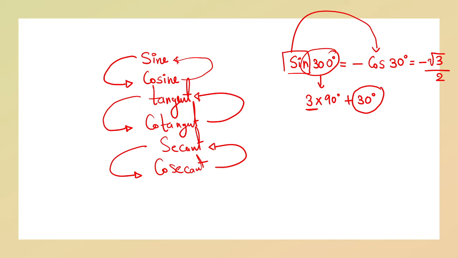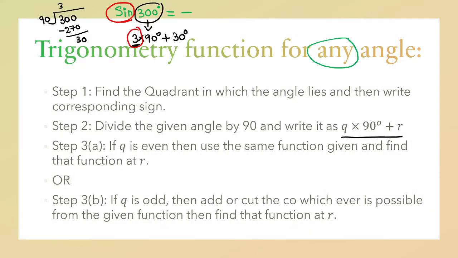Okay, so what are the steps? Please recollect the steps. First step is to find out the quadrant. Based on that, decide the sign first. Divide your angle by 90 degree. Write it in the form of q times 90 plus r. If q is even, use the same trigonometric function. If q is odd, then either add or cut the "co", whichever is possible.